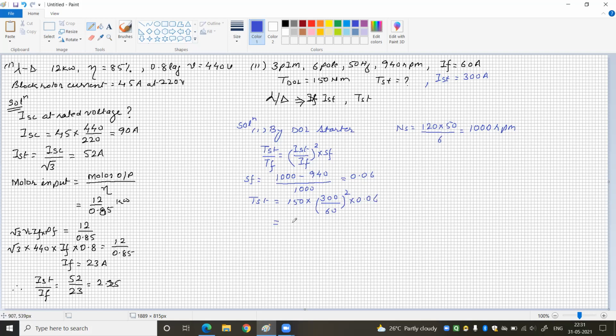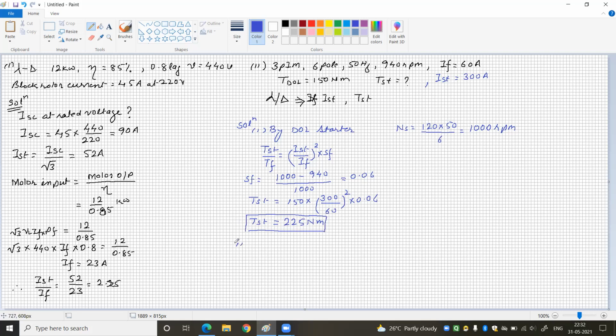So the starting torque by DOL starter is 225 Newton meter. This is one torque, the starting torque when DOL starter is used.